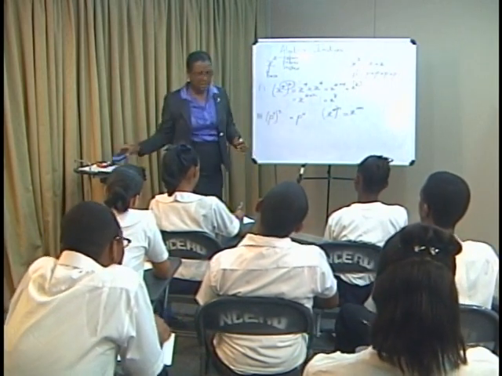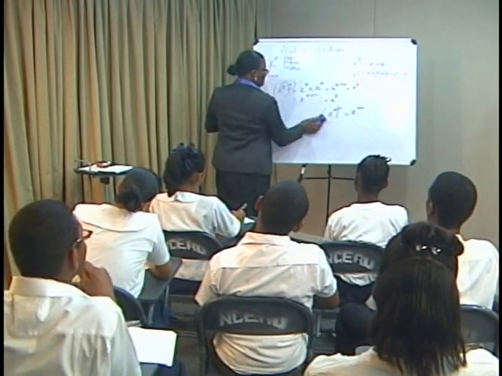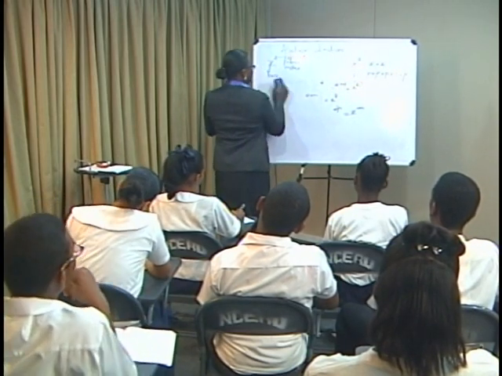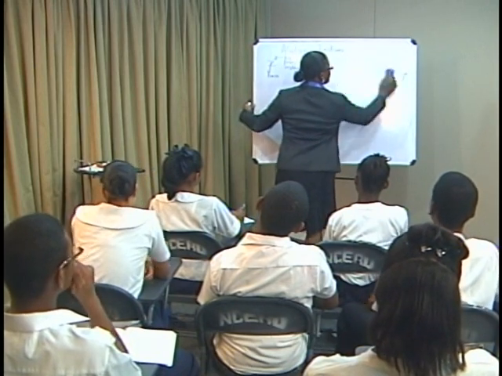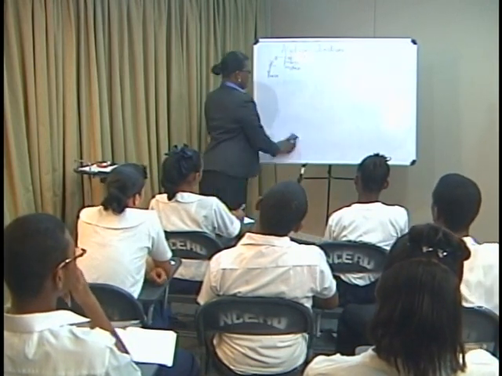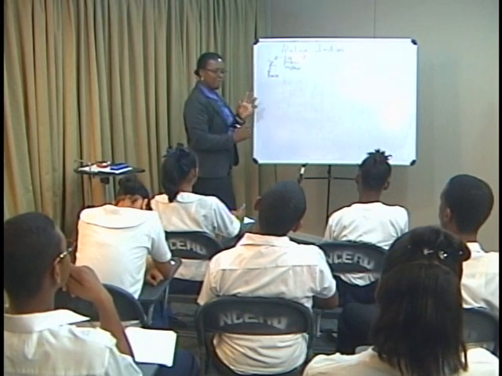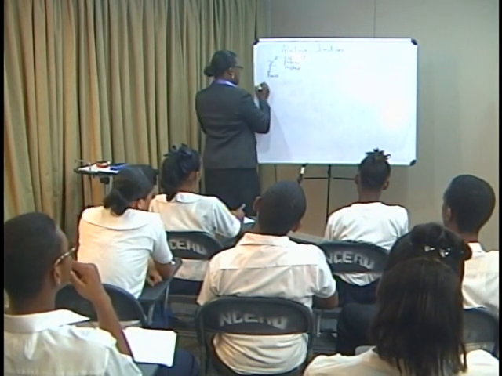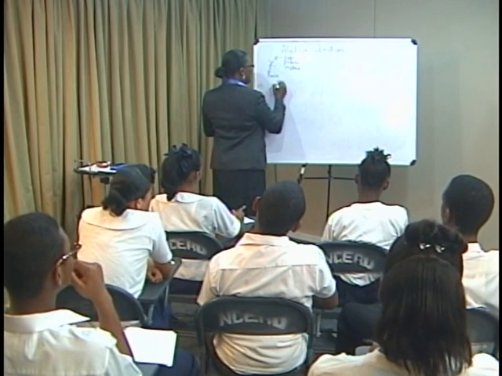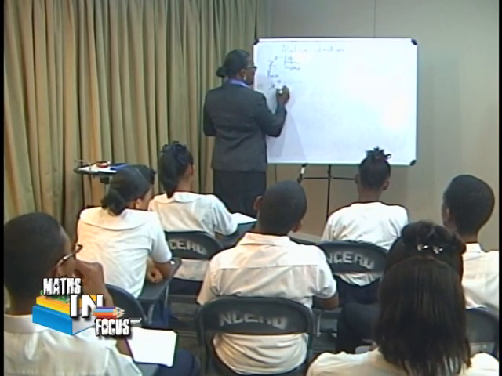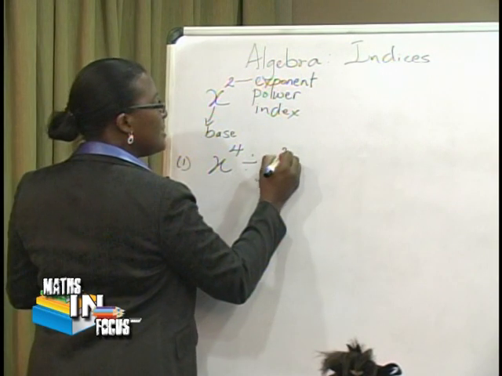Now let's proceed. So we were multiplying all along. Now we have x to the fourth being divided by y to the second.